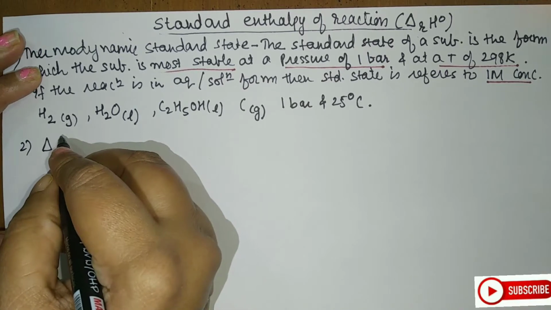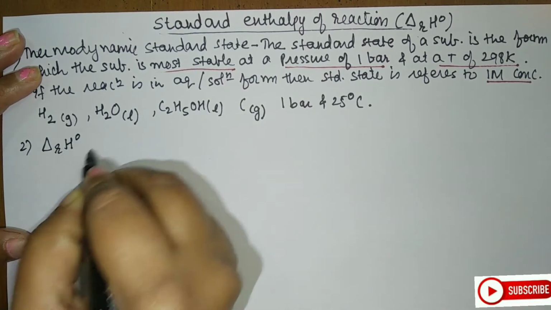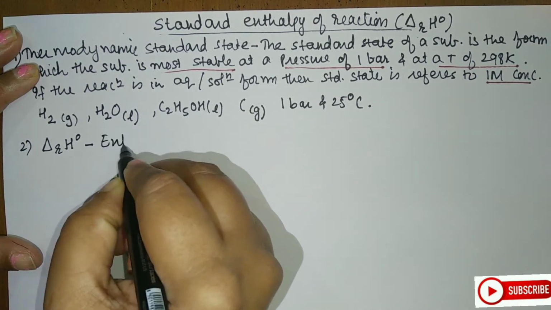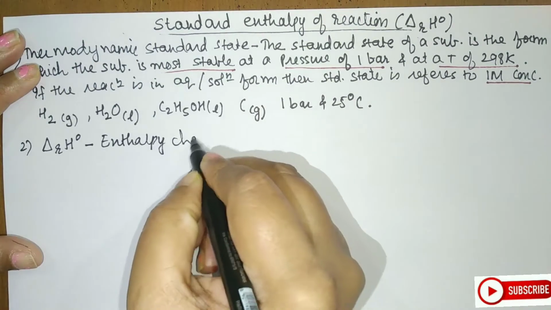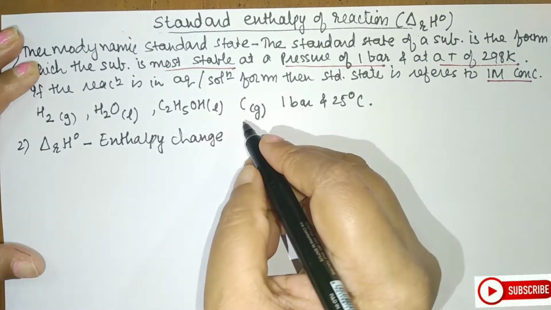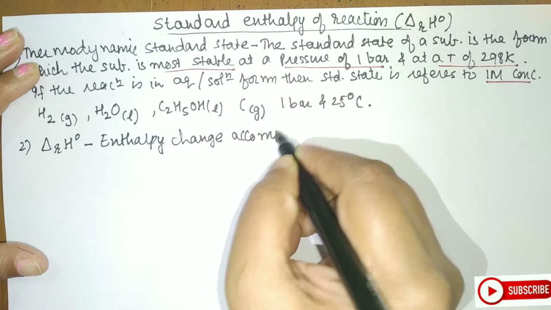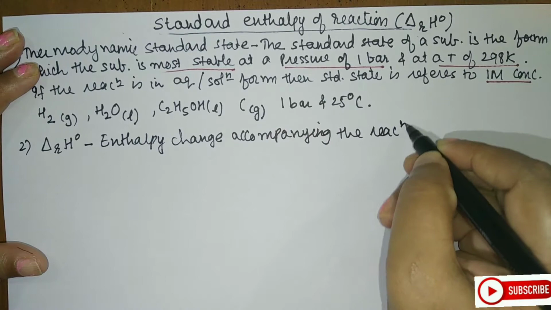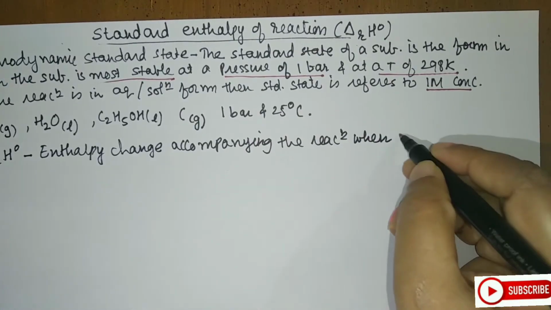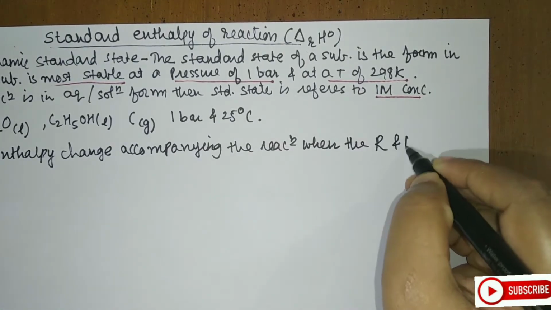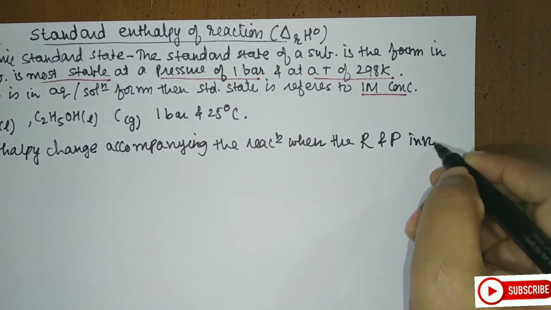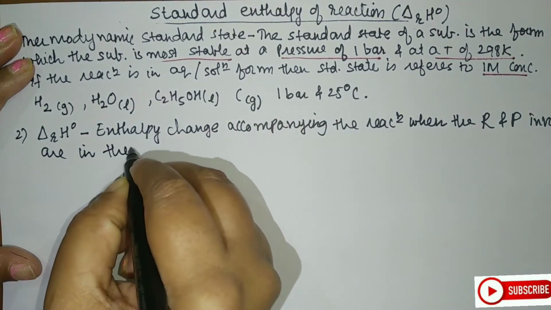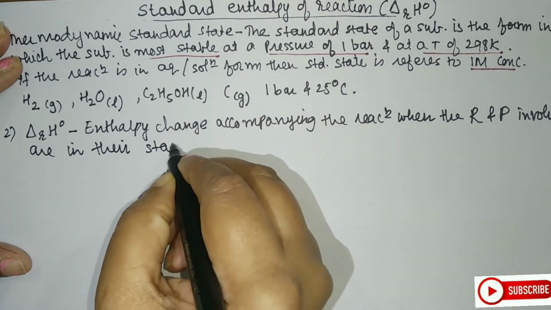So the standard enthalpy of reaction you will represent in this way, and it can be defined as the enthalpy change accompanying the reaction when the reactants and products involved are in their standard states.